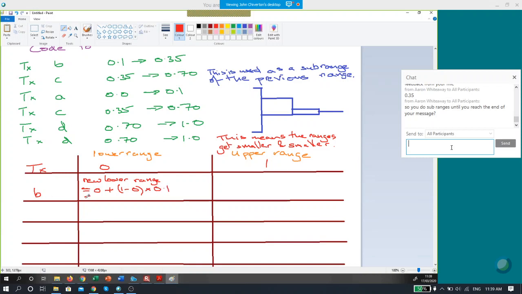And for the first symbol, it should just equal that lower range value of 0.1. For the upper one, though, we've got, let's say, new upper range.